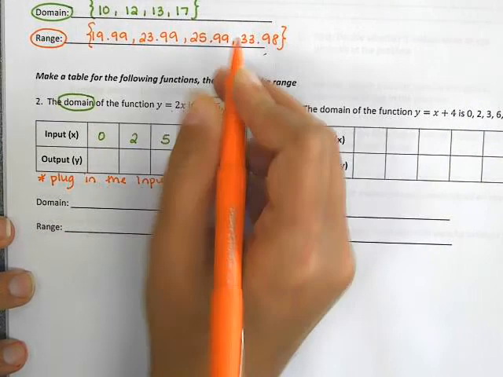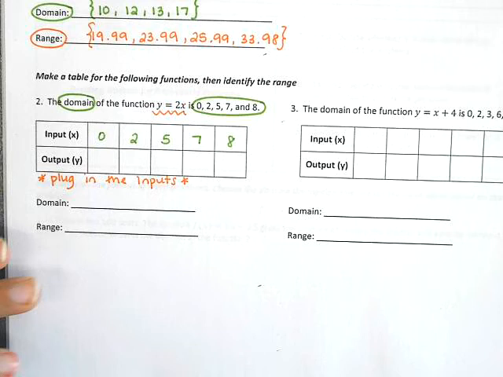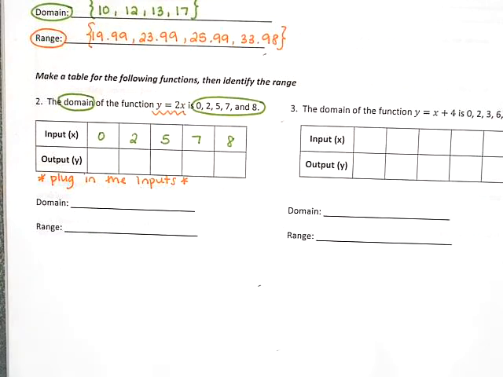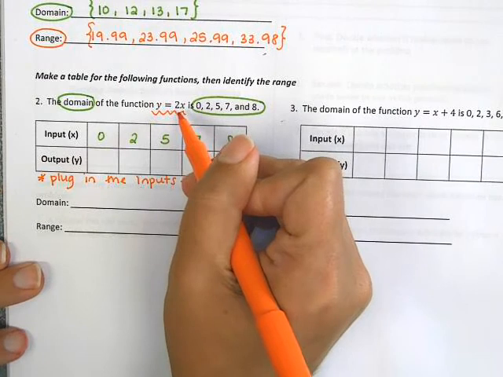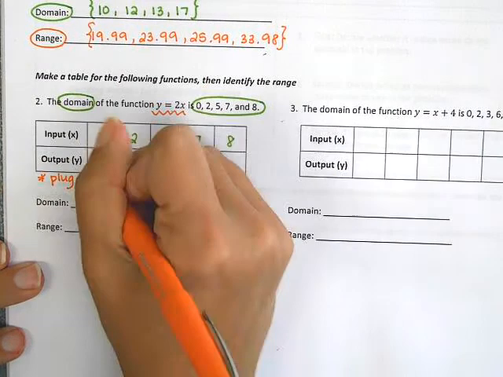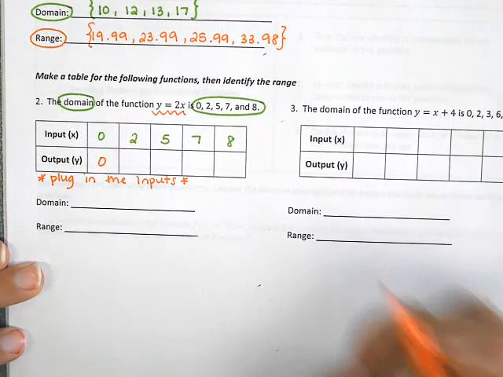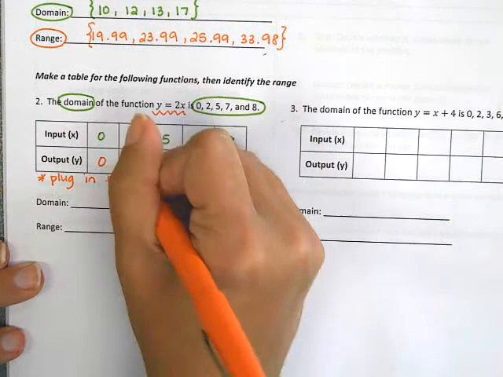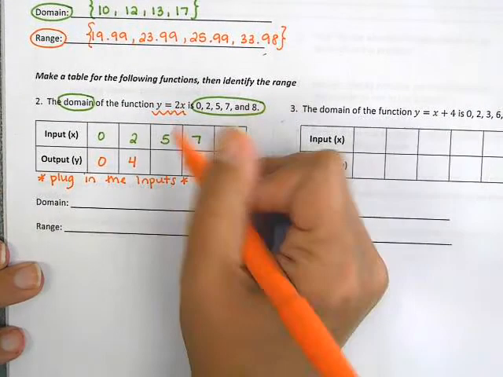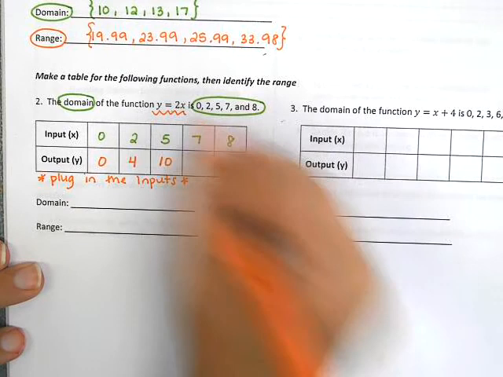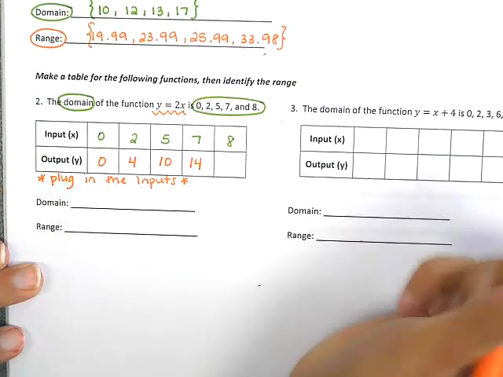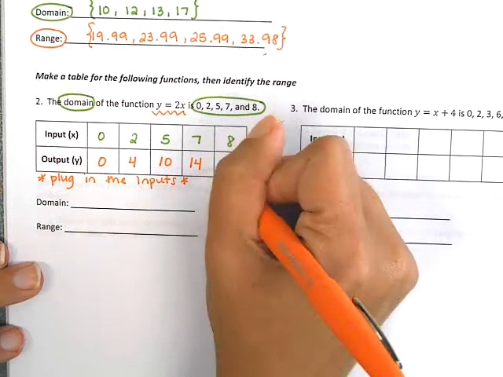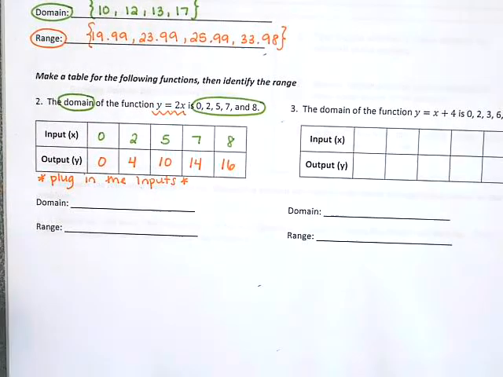So it says here that my equation is y equals 2x. So if I take the 0 and I plug it in instead of the x, I get 2 times 0 is 0. Then if I take the 2 and I plug it in, I get 4. If I plug in the 5, I get 10. If I plug in the 7, I get 14. And if I plug in the 8, I get 16.